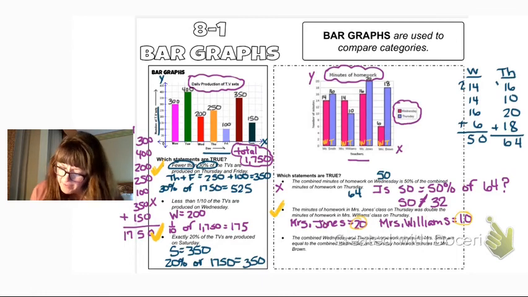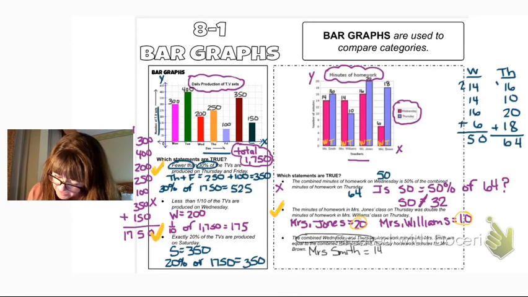Okay, last statement. The combined Wednesday and Thursday homework minutes for Miss Smith are equal to the combined Wednesday and Thursday homework minutes for Miss Brown. So let's look. If we look at Miss Smith, and this said combined Wednesday and Thursday. So if I go to Miss Smith, that is 14 plus 16, which equals 30.